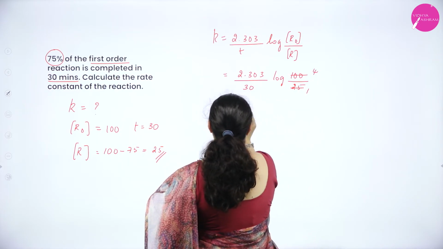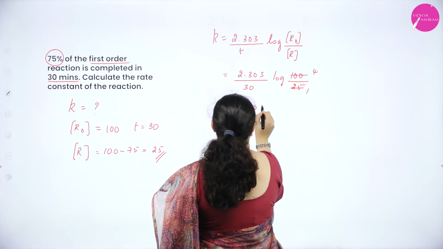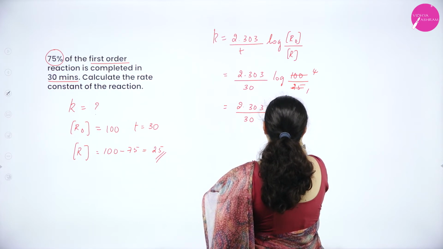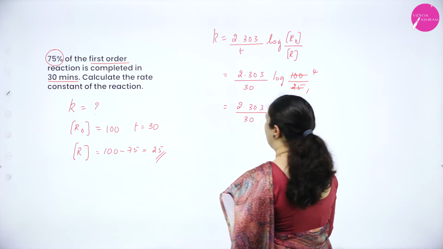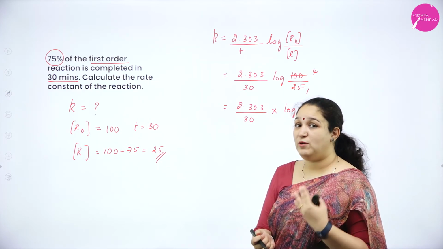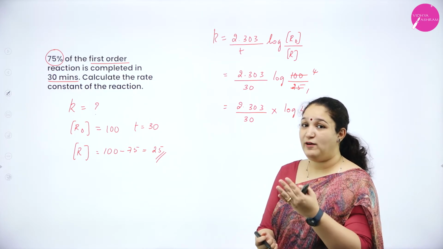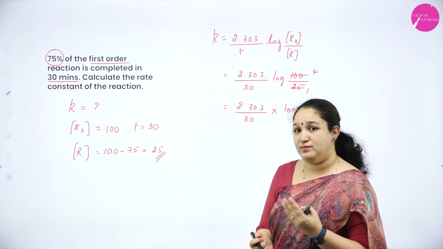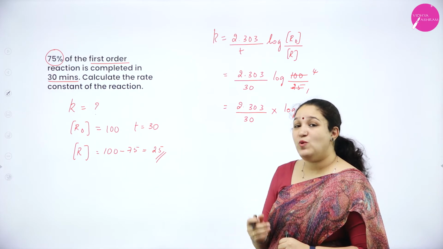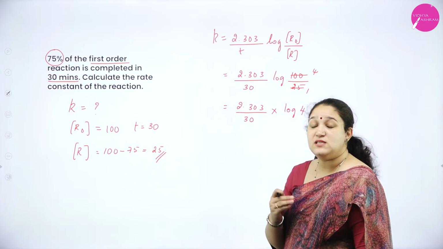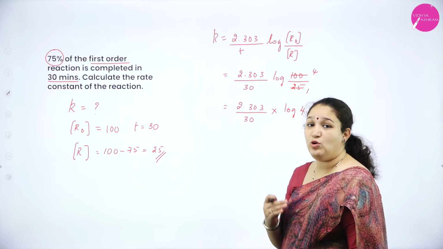So you will get it as 2.303 by 30 into log 4. Now what is log 4 value? I told you all from log 2 to log 9 you have to know it by heart, because it will be very helpful for you all for your competitive exams. So what is log 4 value? So log 4 value is 0.6021.